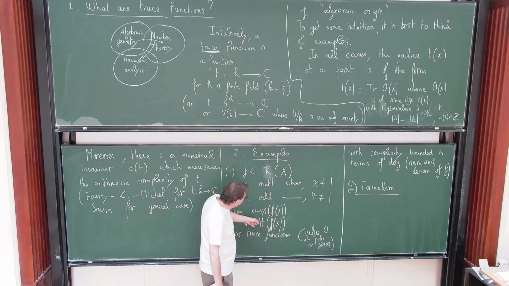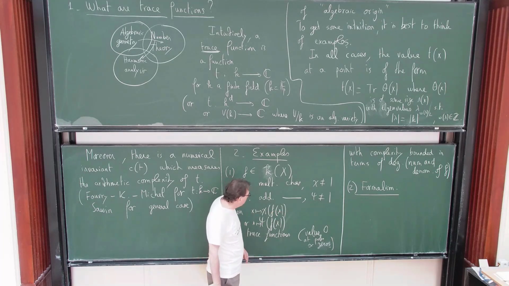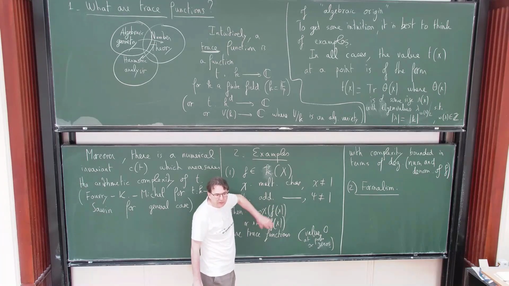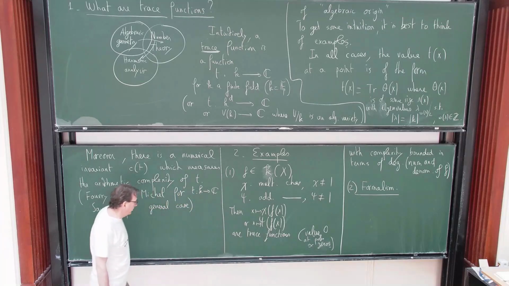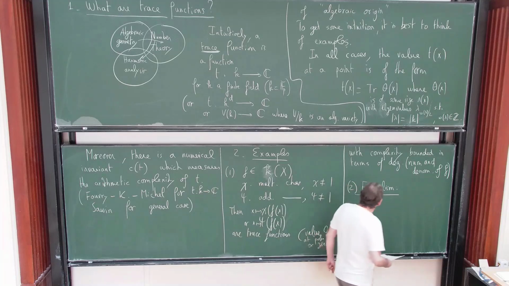But from the point of view of trace functions, this conductor only sees the degree of f. So whatever multiplicative character you take here, from the point of view of the estimates involving trace functions, I will explain, the only thing that will matter will be the degree. I mean, if you've ever seen the Weil bound for exponential sums, that's the phenomenon that's occurring. Okay, yeah, that was a good point.